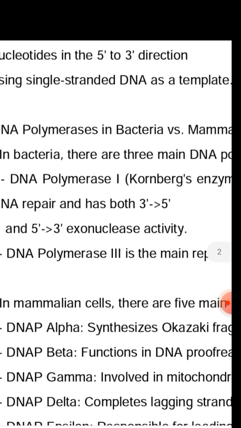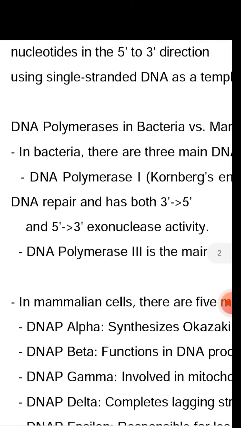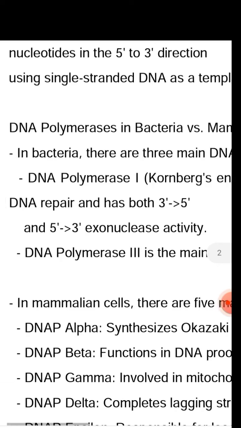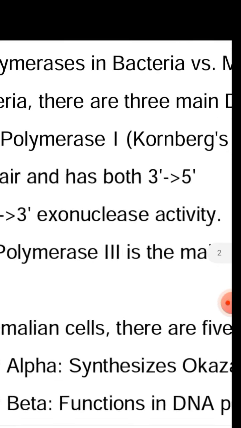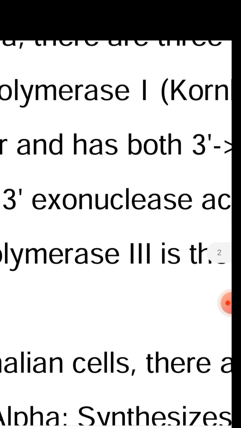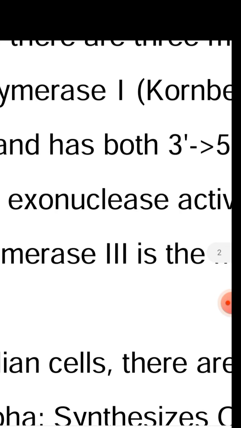So how does it function? It functions as a DNA repair enzyme, and it has both 3 to 5 prime and 5 to 3 prime exonuclease activity. Exonuclease means it can cut the DNA externally. If I say endo, it's just like in biology when we have an exoskeleton and endoskeleton. So exo means external and endo means internal.